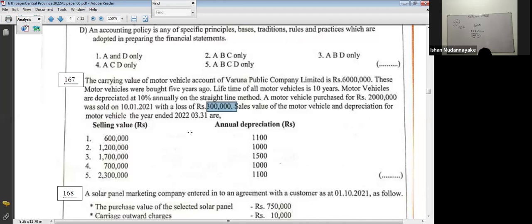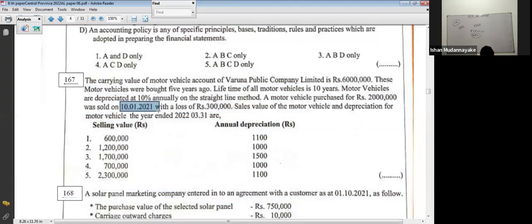A motor vehicle purchased for 2 million was sold on... there is an issue with this date.